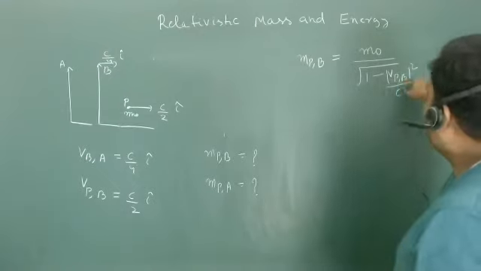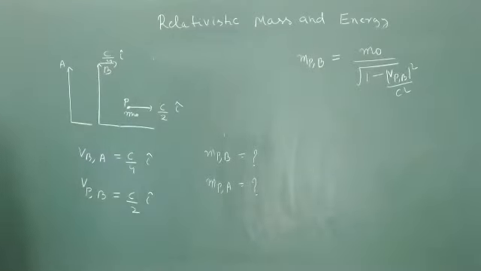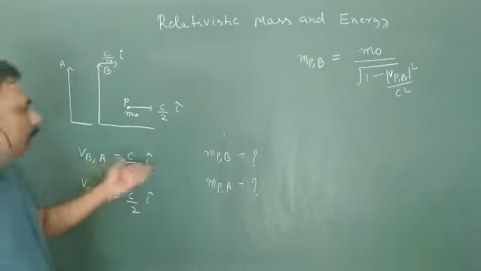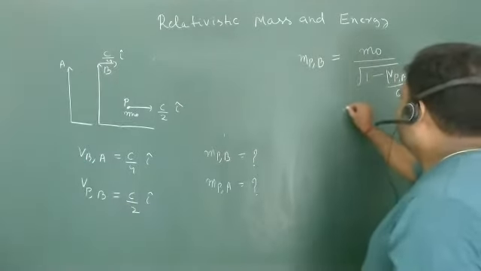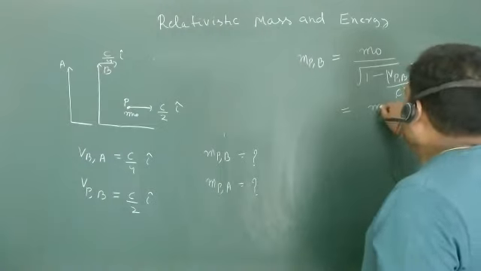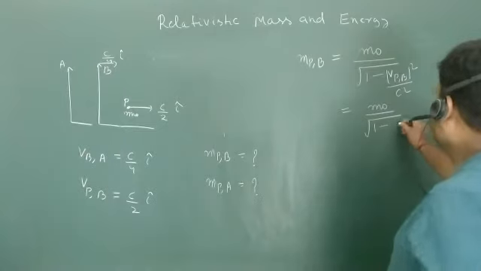And what is the speed of the particle with respect to B? That is directly given, that is c by 4. So we can put this value here, and this is equal to m naught root under 1 minus c by 4, which is 1 upon 16.